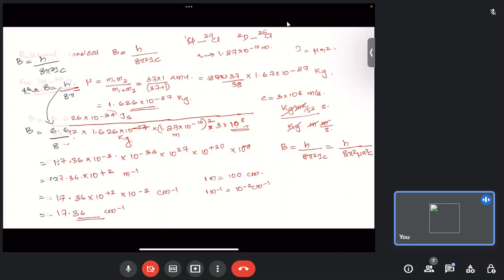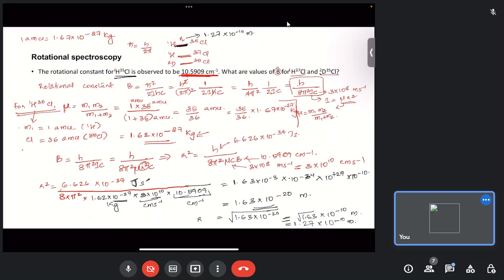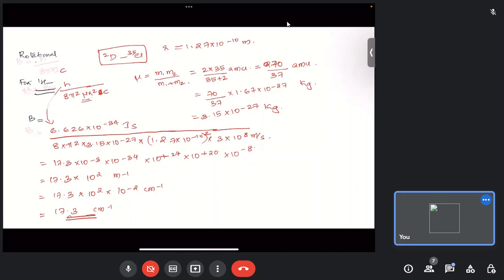Now we'll move towards the next problem. The other thing is, the difference that you will see in the B values between these three numbers will be in the later, higher decimal points, which I have not included.